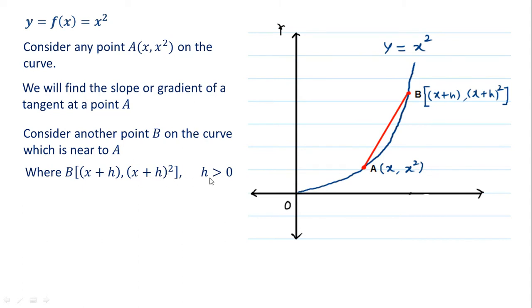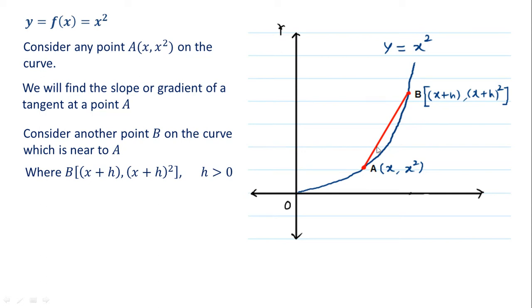Now h is what? h is just a small increment in x, because the point B is just near to the point A. For our convenience, we have taken that point. So the coordinates of B will be x plus h comma x plus h bracket square, because the function is y is equal to f of x is equal to x square, as shown in this figure.